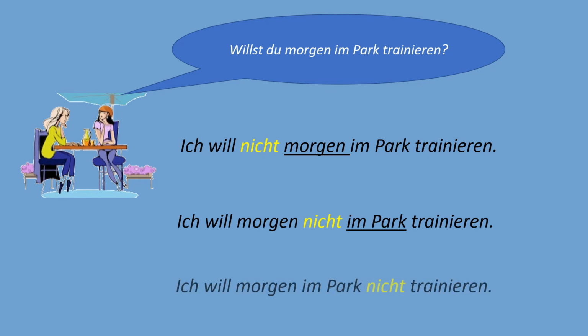And only when the second girl says, Ich will morgen im Park nicht trainieren. This is the answer that means I don't want to practice tomorrow in the park. So we practically negate everything. So keep in mind, if we negate the sentence completely, not only one element of a sentence, but the entire meaning, the entire sentence, we place the negation nicht as the second last element in front of our dependent infinitive.